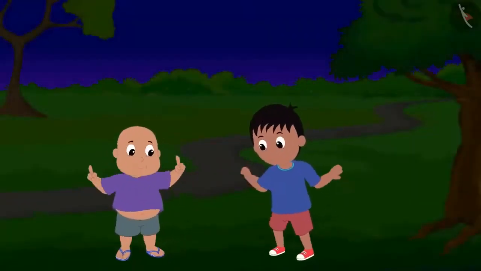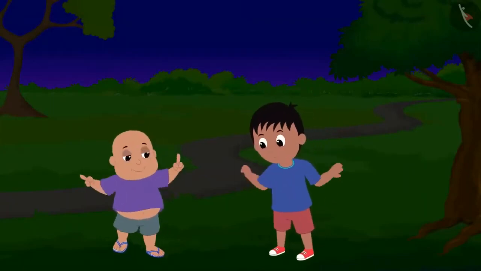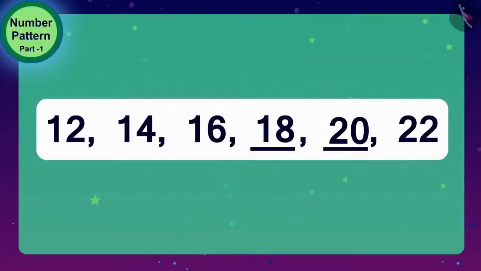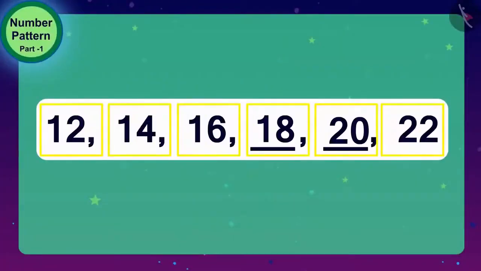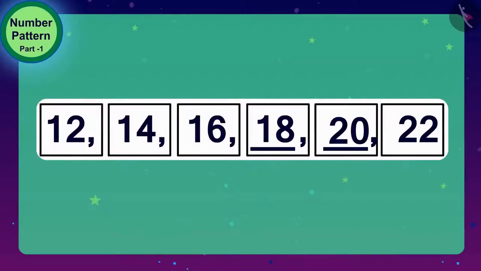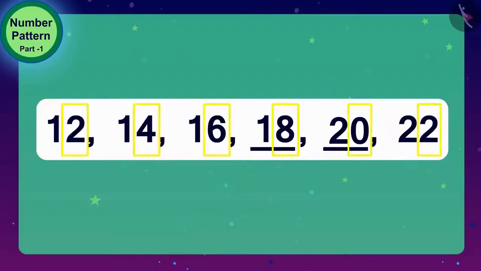Both Raju and Bablu started dancing. Children, do you see one more special thing in these numbers? Here, all the numbers have 0, 2, 4, 6 or 8 at the unit position.